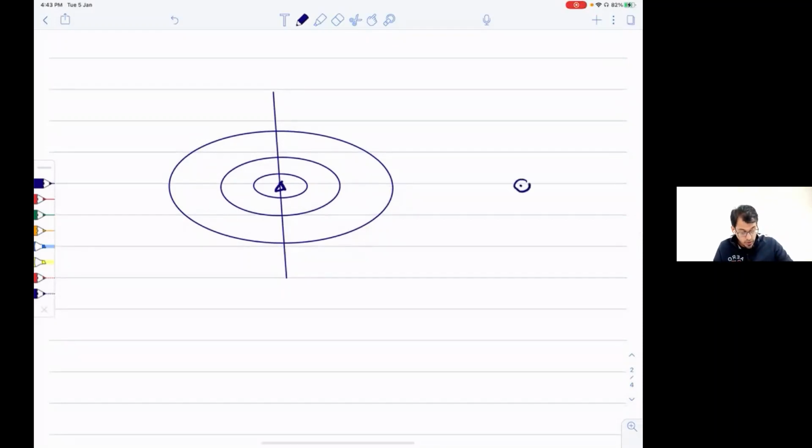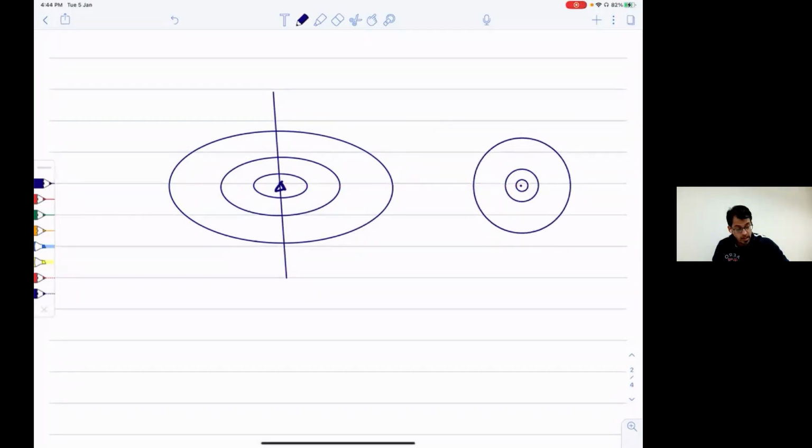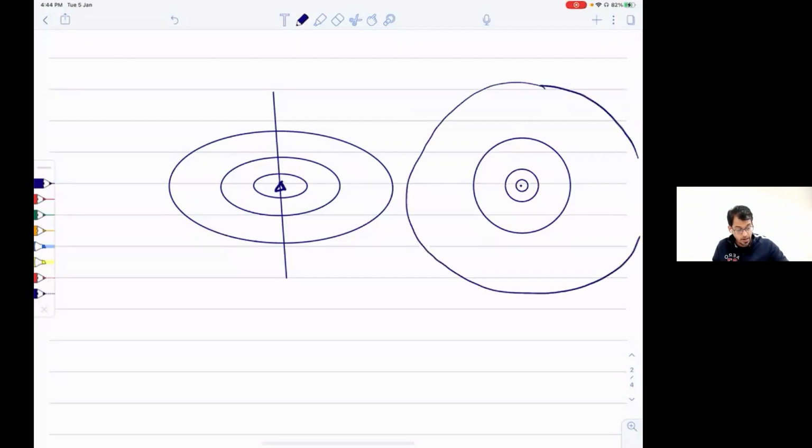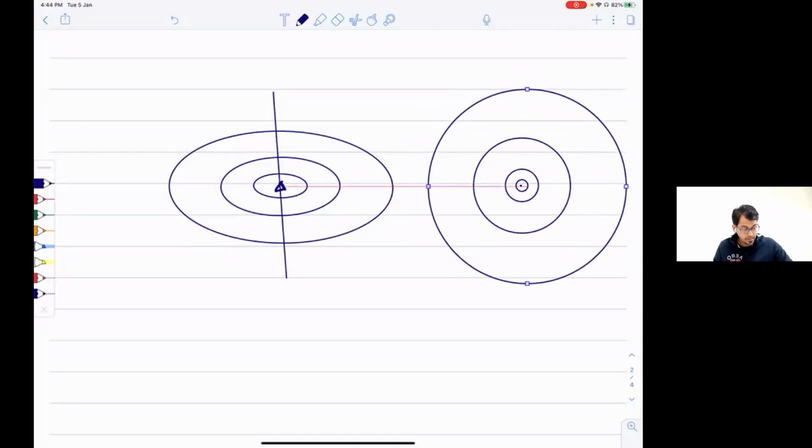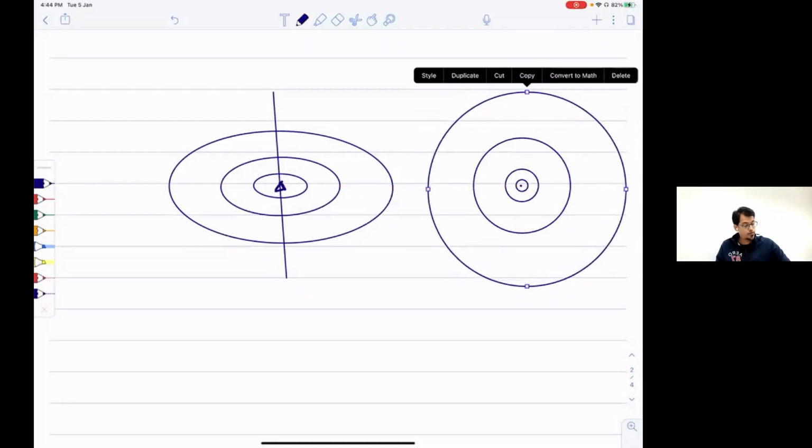This is first line of force. This is second line of force. This is third line of force. And let me make another line of force. So let's say this one is next line of force.